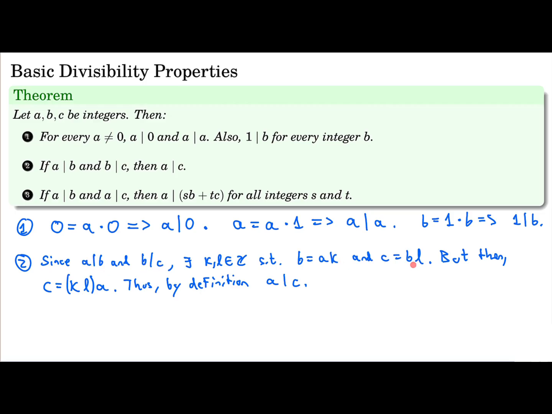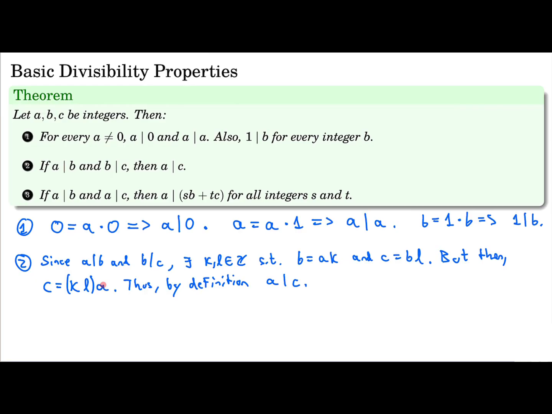We want to show that a divides c, so we need to find an integer such that that integer times a gives you c. We know that an integer times a gives you b, and an integer times b gives you c. So if you do that replacement, you will find your integer kl that when you multiply by a gives you c.